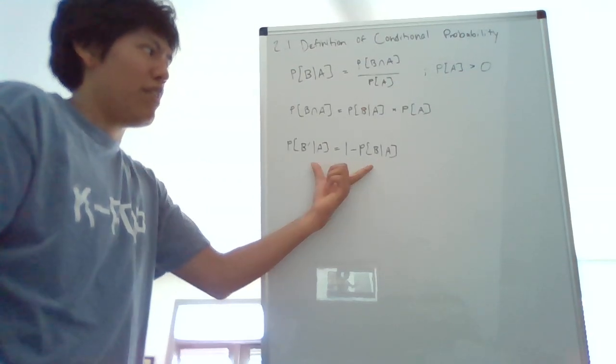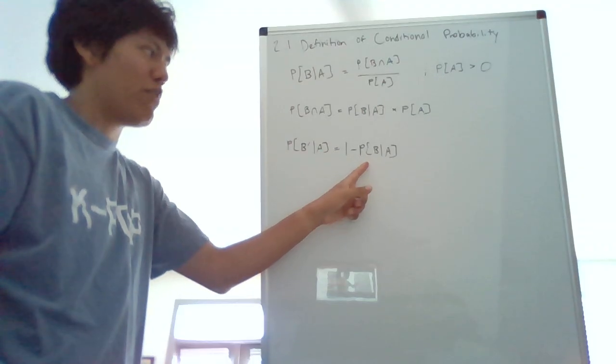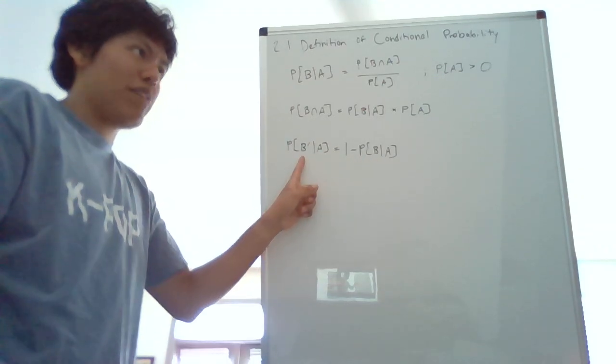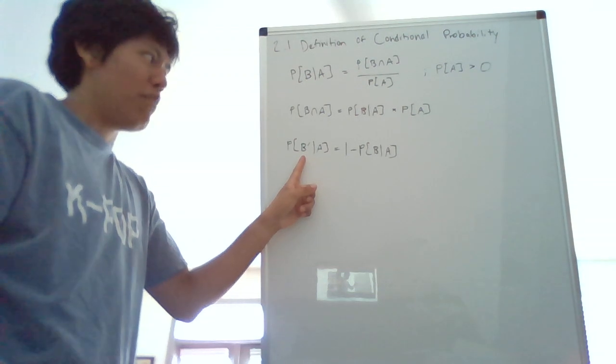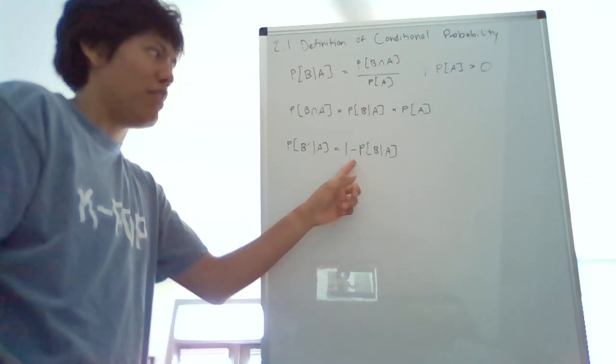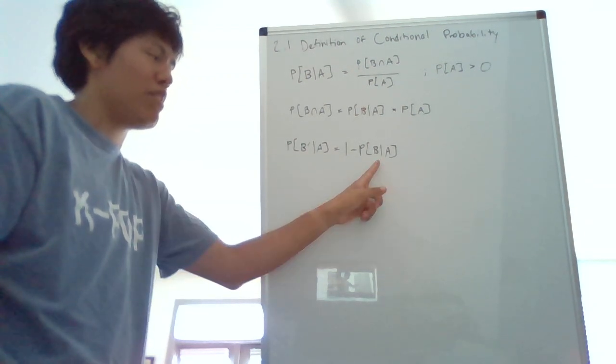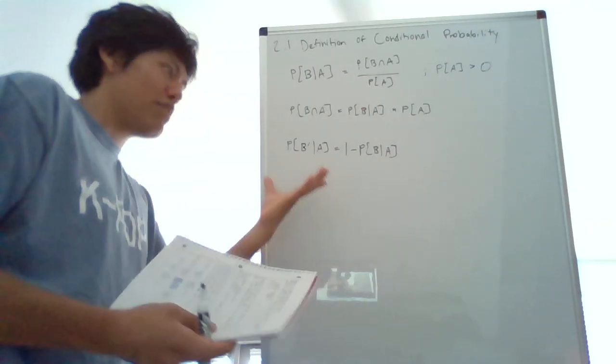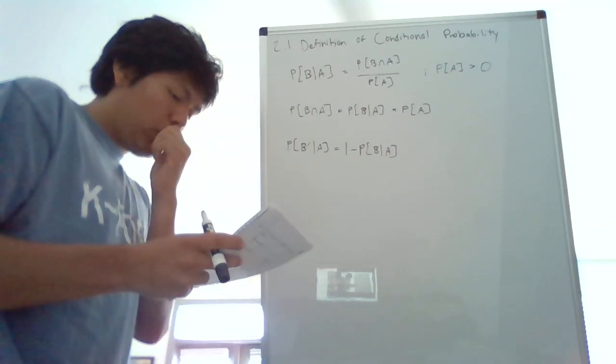And it works both ways. If we were given the probability of B given A, and we were asked to find the complement of B given A, then it would be 1 minus the complement equals the probability of this thing. So there is a complement rule as well.